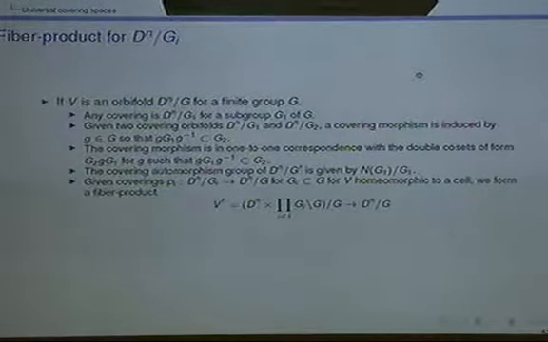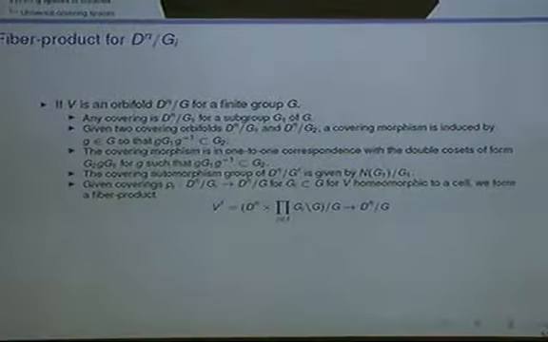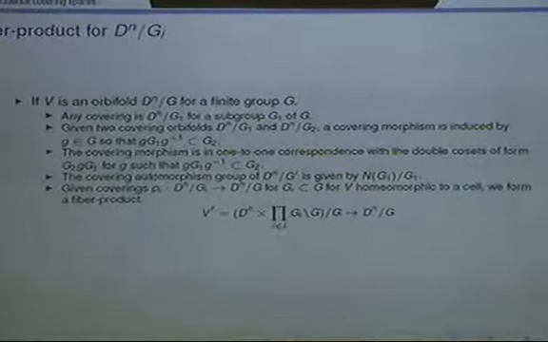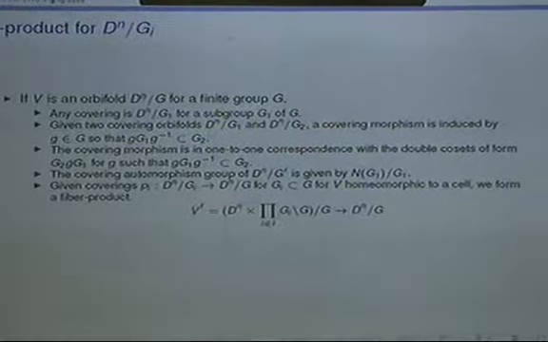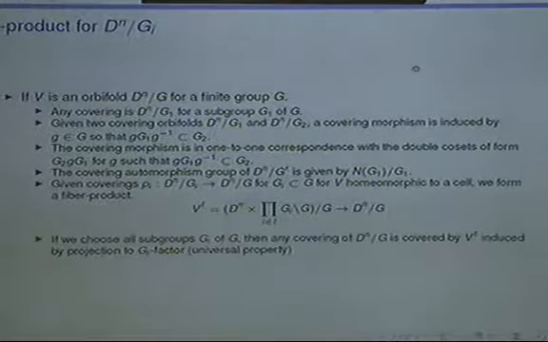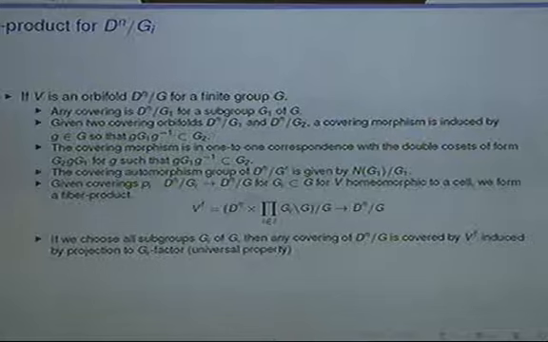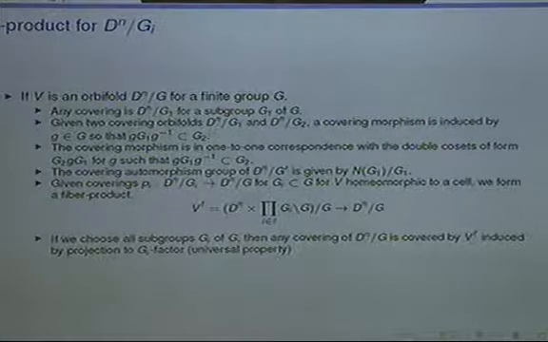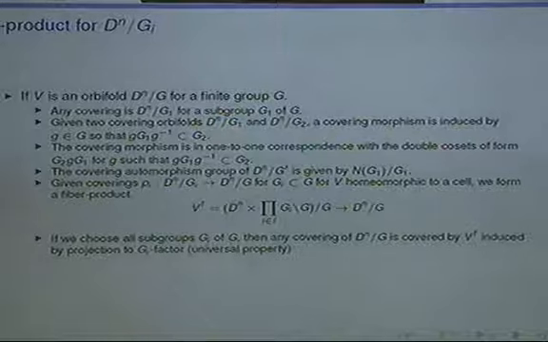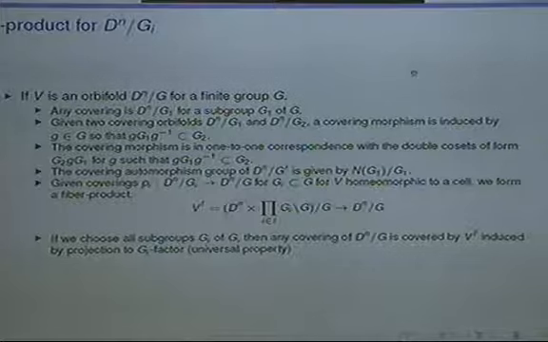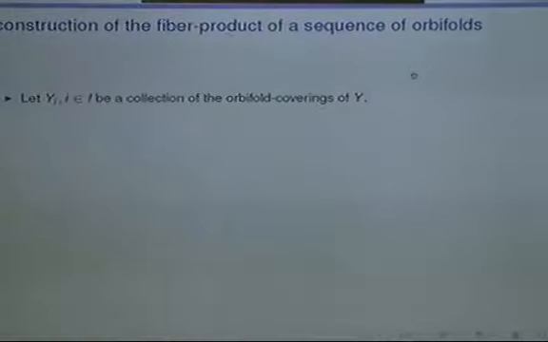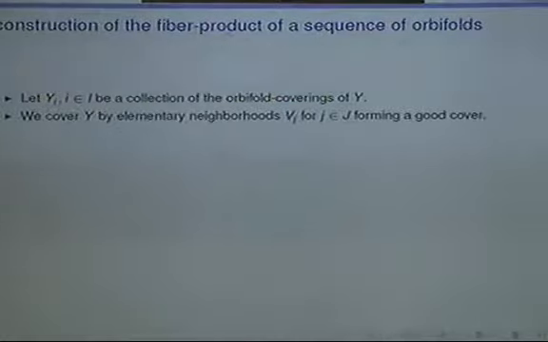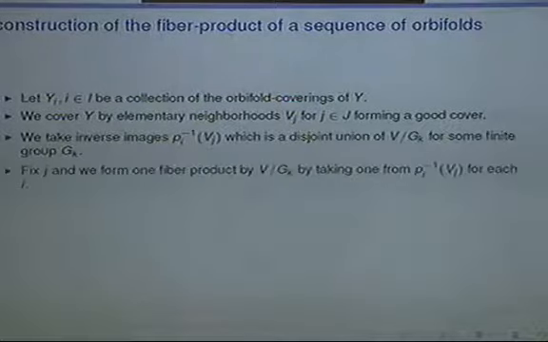If you have a sequence of coverings, you can do the fiber product construction as I explained before. So any covering is going to be covered by this projection. For any subgroup you can do it, so for Dn it is possible to get this kind of covering.